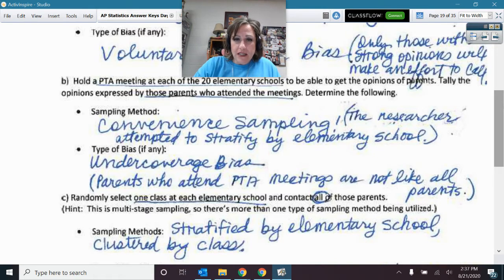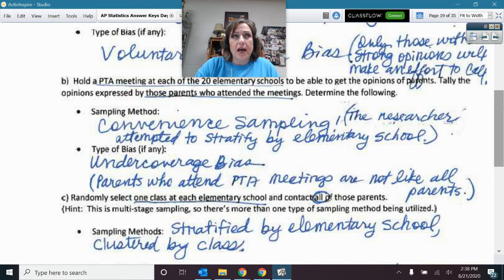And maybe they're the ones saying, heck no, if the kids don't know what they're doing, they need to stay where they are until they do. So you're going to get an unrepresentative sample. That's undercoverage bias.